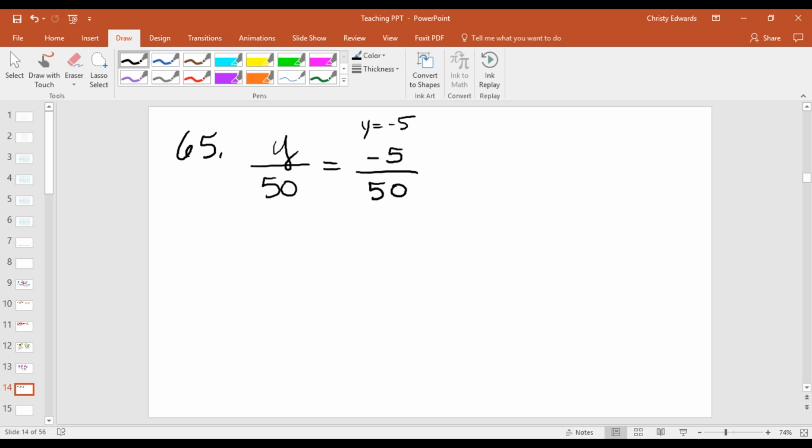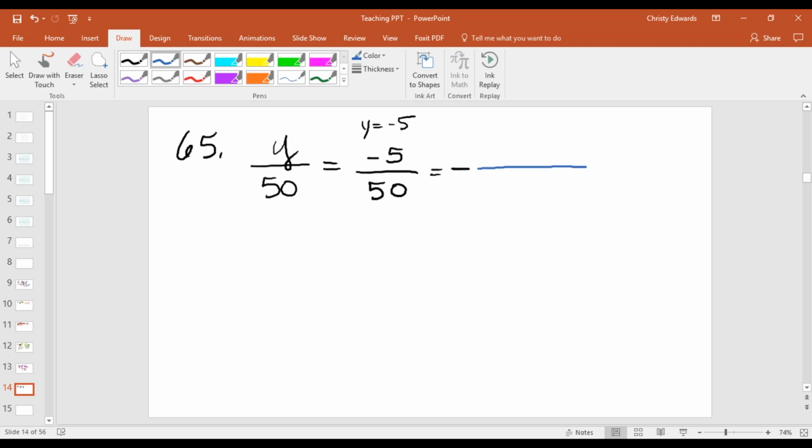And then how do you simplify this fraction? That's all you need to do. Negative over a positive, the overall answer is negative. Okay, so 5 over 50, treat this just like we did a couple of lessons ago. If you can't figure out how to reduce it some way that you've been taught in the past, the way I taught you is to prime factor the thing.